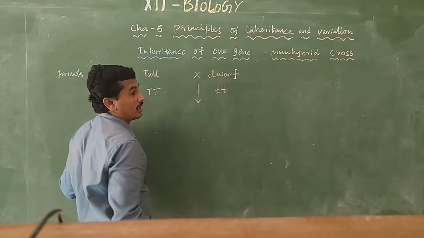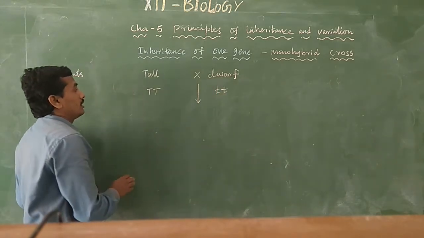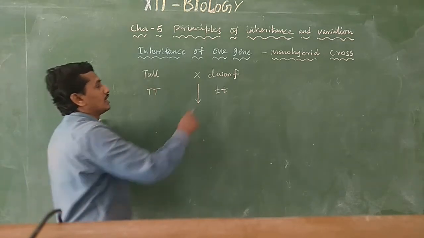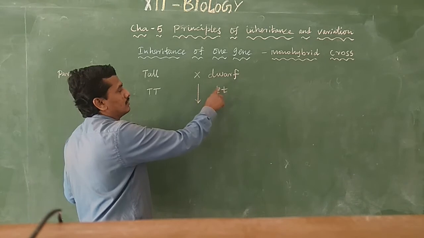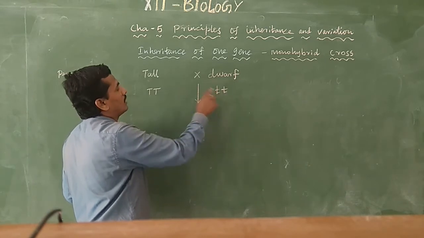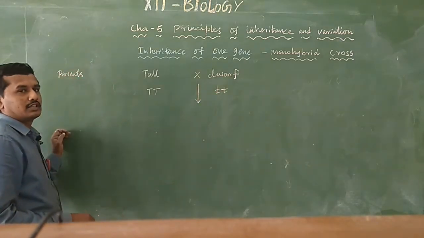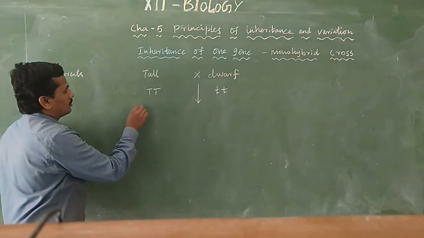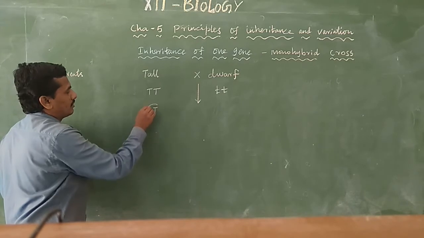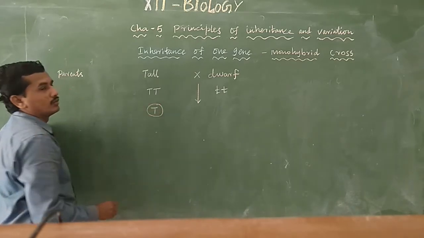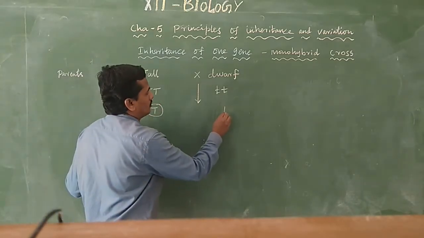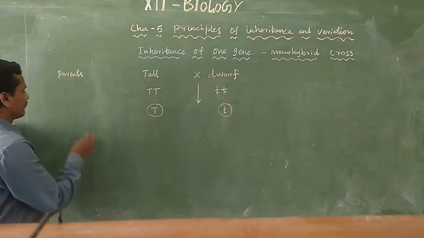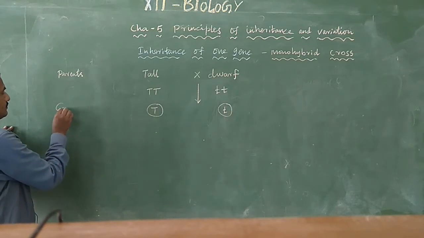According to Mendel, tallness is capital T and dwarfness is small t. Each plant produces gametes. Here small t is the dwarf plant gamete.